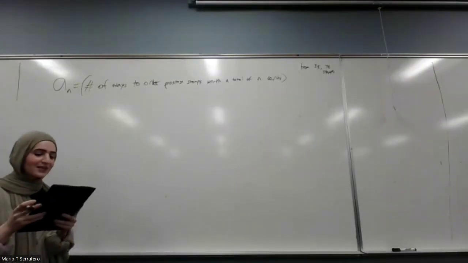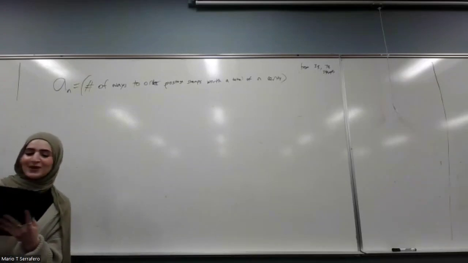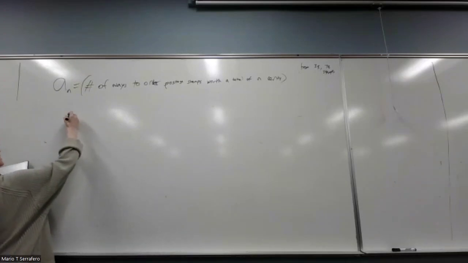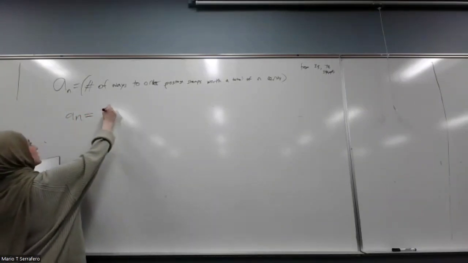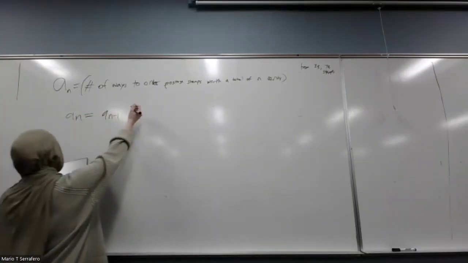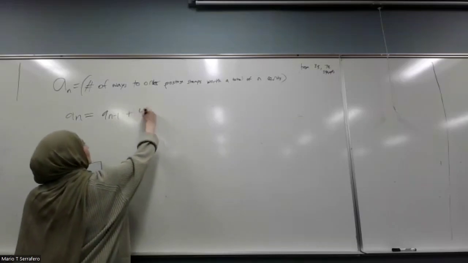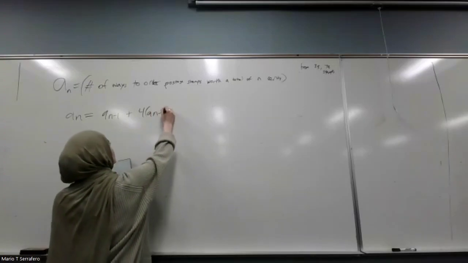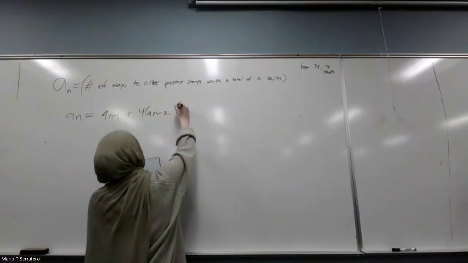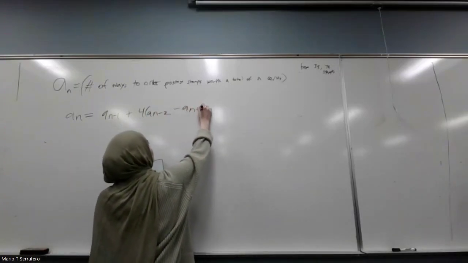Okay, so for this one, it's another recurrence relation problem, and we're given that a sub n is equal to a sub n minus 1 plus 4 a sub n minus 2 minus a sub n minus 3, plus 8.